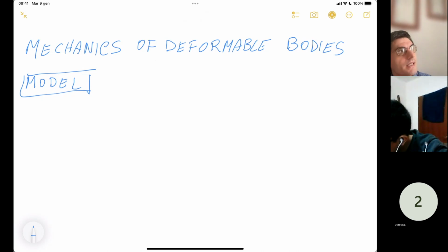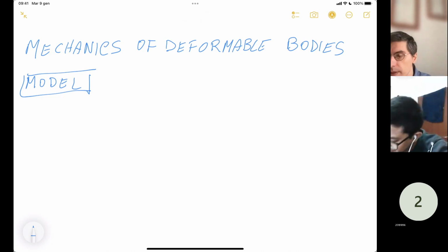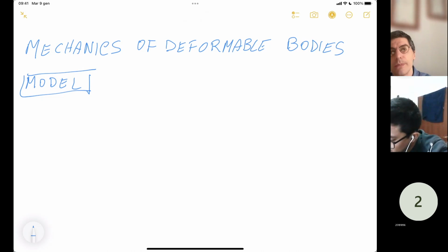But the idea is not to represent the real object, the real phenomenon, in all its details. We will try to keep only some aspects, some details that we want to consider.